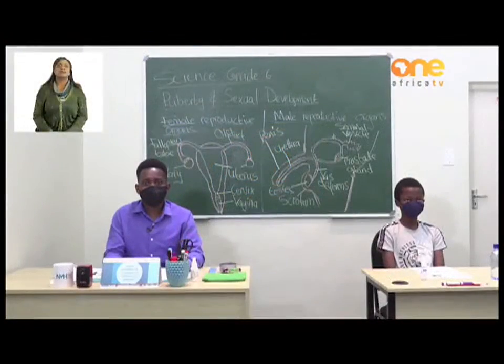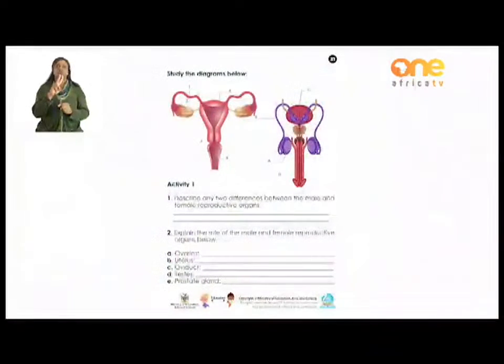Let us now turn to page 21. On page 21, we have your activity 1, and here are your instructions to completing this activity. The first thing you need to do is study the diagrams that are provided for you. And once you have studied them in reference to today's lesson, only then can you complete this activity 1. And at number 1, you should describe any two differences between the male and female reproductive organs.